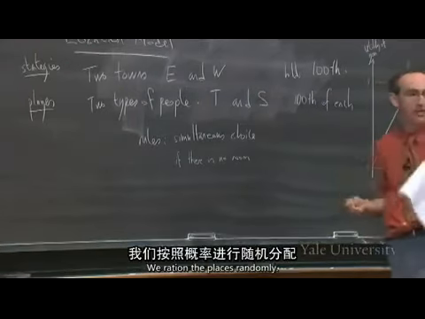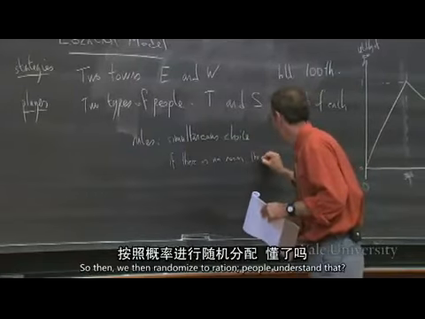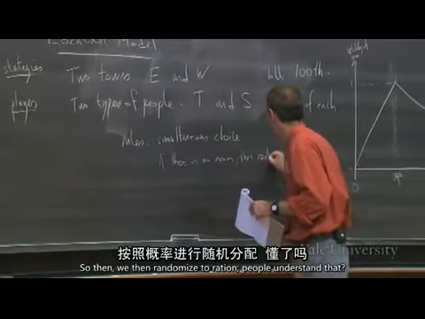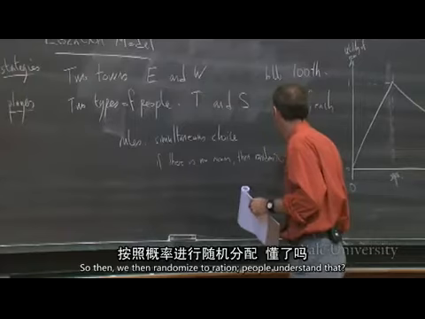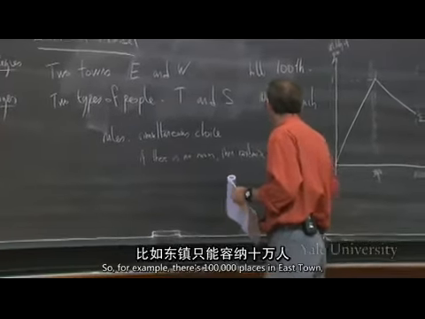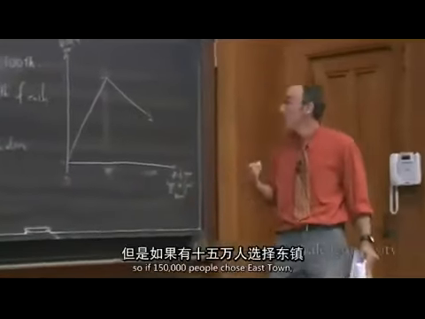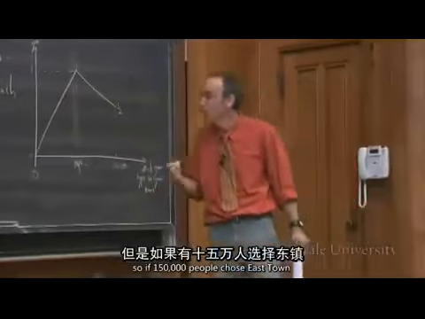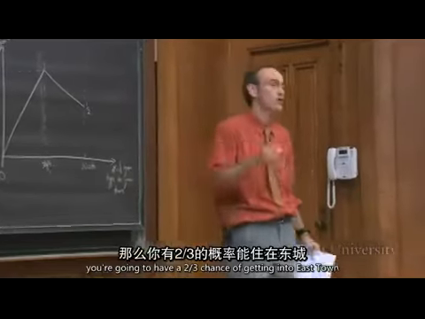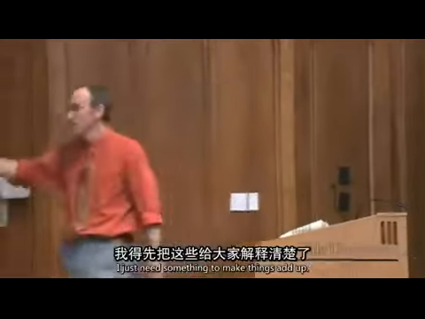We ration the places randomly. People understand that? So for example, there are 100,000 places in East Town, so if 150,000 people chose East Town, you're going to have a 2/3 chance of getting into East Town, and the rest of you are going to be allocated to West Town. Does that make sense? I just need something to make things add up.